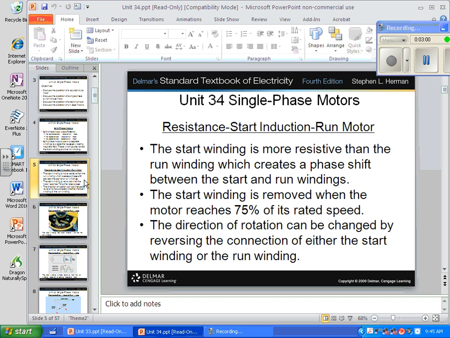With our PSC motors, generally, we're not using the centrifugal switch, so it's always running. So it's not really a true start circuit, because to have a true start circuit you have to have a centrifugal switch so that it gets cut out. A lot of times we just leave it in the circuit.